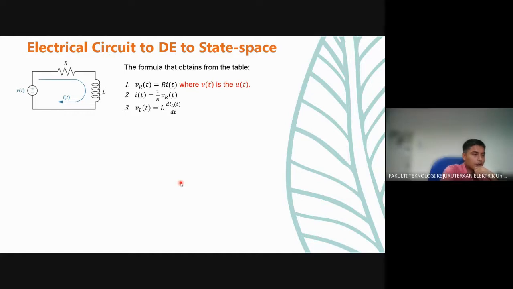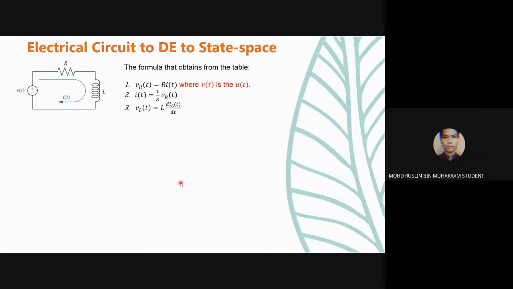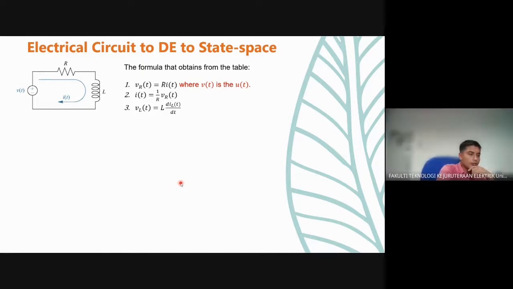What is the order of the system? Okay, Ruslin tells me first order system. Can you tell me, Ruslin, why this is a first order system? Because the highest power of di/dt is 1. Okay, thank you, Ruslin.